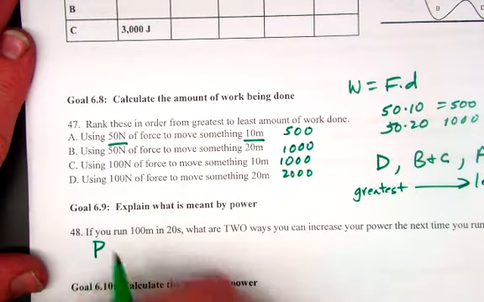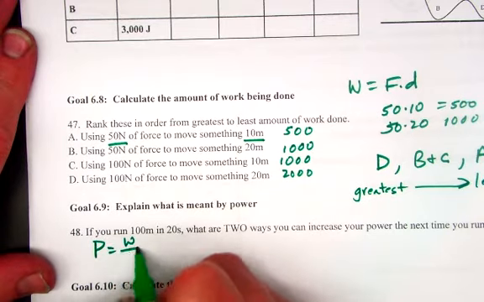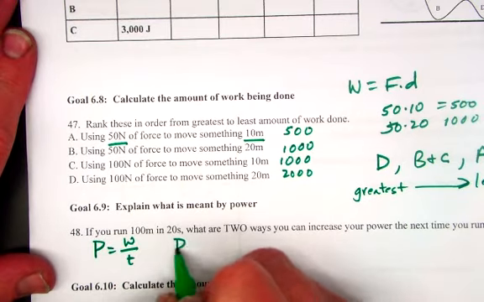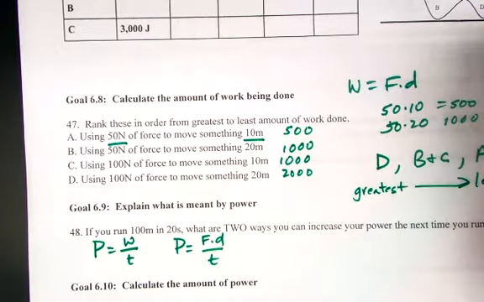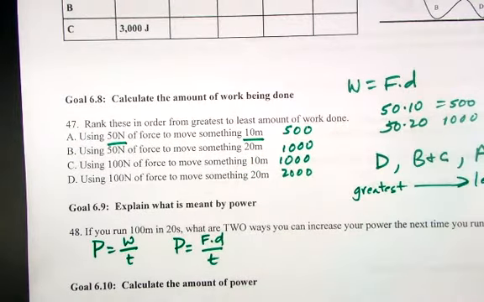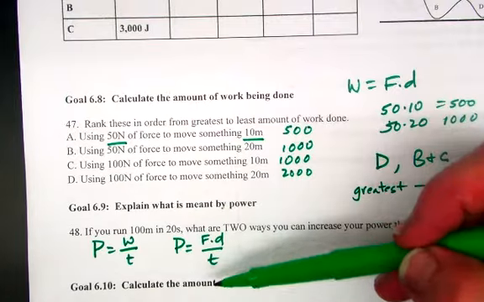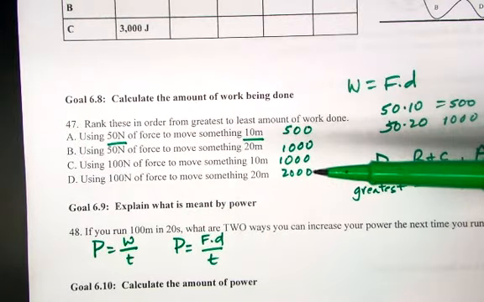Power, the formula for that, there are two formulas. Work over time, or power can be written force times distance over time. But if we look at this equation, they tell us if you run 100 meters in 20 seconds, what are two ways you can increase your power the next time you run?